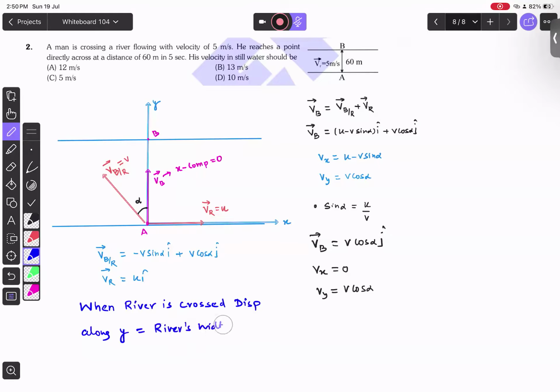Suppose I call the width b. So displacement along y will be equal to velocity along y into time t, because we don't have any acceleration along y. Displacement along y is b, velocity along y is v cos alpha. So the time to cross the river will be b by v cos alpha.